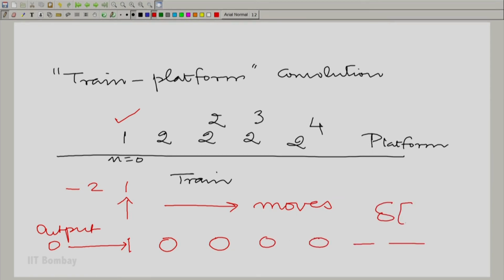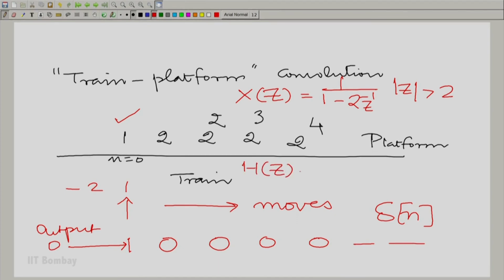So, the output is simply delta n, and therefore, X(z) is 1 by 1 minus 2 z inverse with mod z greater than 2. Here H(z) is 1 minus 2 z inverse, and the only thing you have to exclude is the 0 point, mod z greater than 0, otherwise everything else is all right.